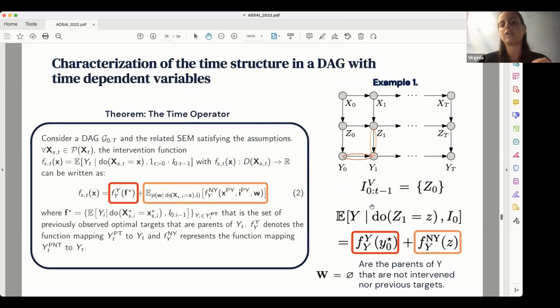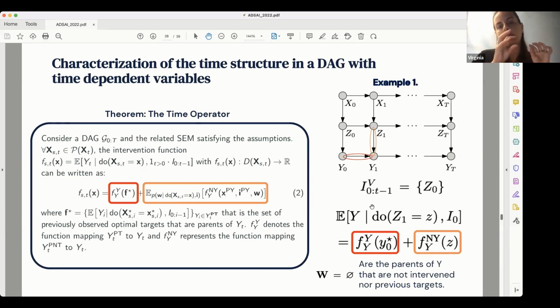It turns out that the causal effect at every time step is determined by 2 components. The first component is given by the optimal values of the target propagated through Y1, propagated in time. And another element is determined by the other parents of Y1, for example, and previously implemented interventions.